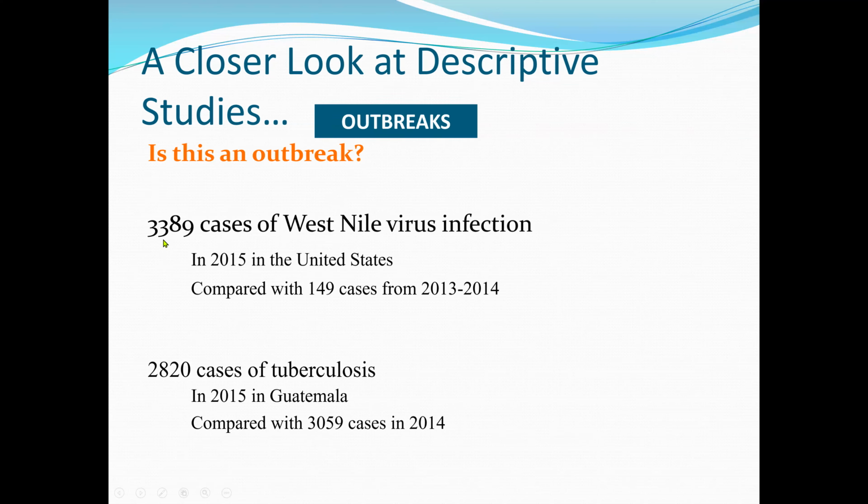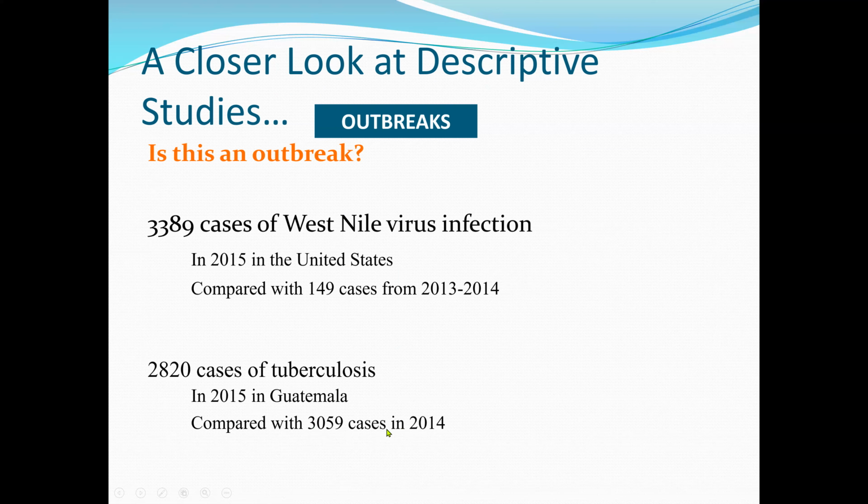So for example, here we have 3,389 cases of West Nile virus infection in 2015 in the United States, compared with 149 cases from 2013 to 2014. So within 2 years, we have only 149, but in one year we have 3,389. The number is too much, so this can be an outbreak. Or another example, we have 2,820 cases of TB in 2015 in Guatemala. Now we can compare this with 3,059 cases in 2014.